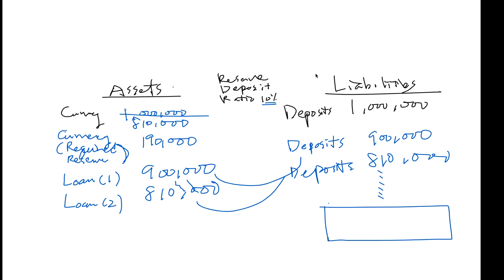We start with 1 million, and the reserve is 10%, which is 0.1. So 1 million divided by 0.1 is 10 million. So the total becomes 10 million eventually.